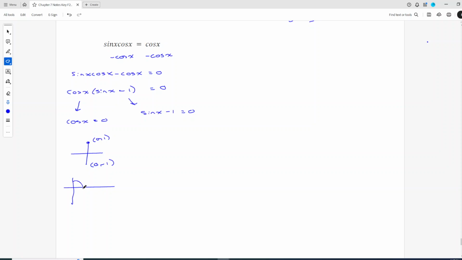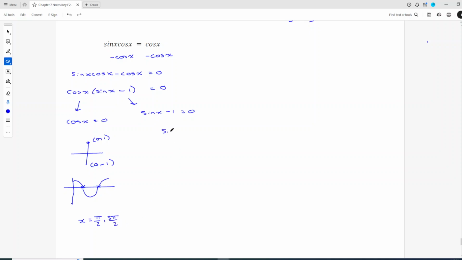So if I was to graph a cos graph from 0 to 2 pi, it crosses at my second and my fourth key point. So either way, x is going to equal pi by 2 and 3 pi by 2.